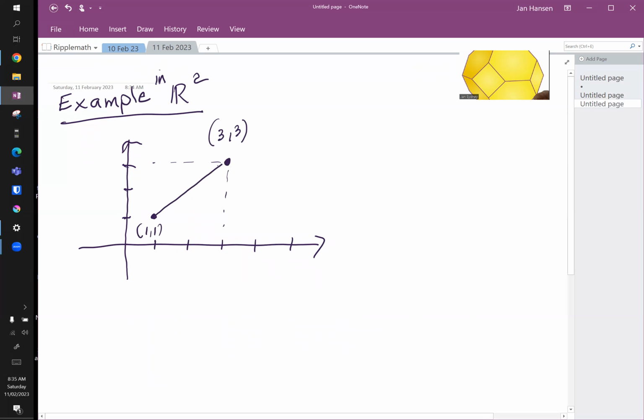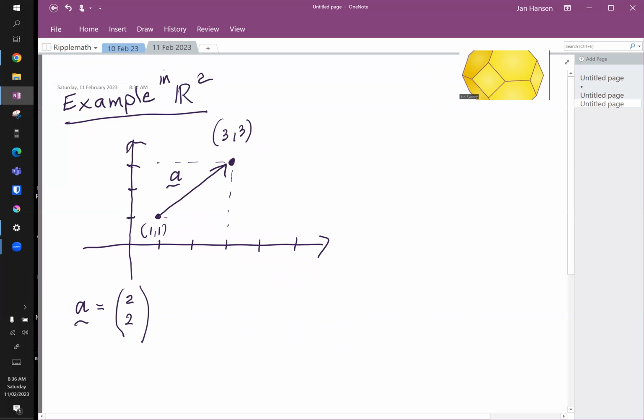So that means this vector here, which can be our A, is going to be 2, 2. You just go 3 minus 1. That tells you how much in each direction you're going. That's the vector A. Vector B, let's draw that in a different color.